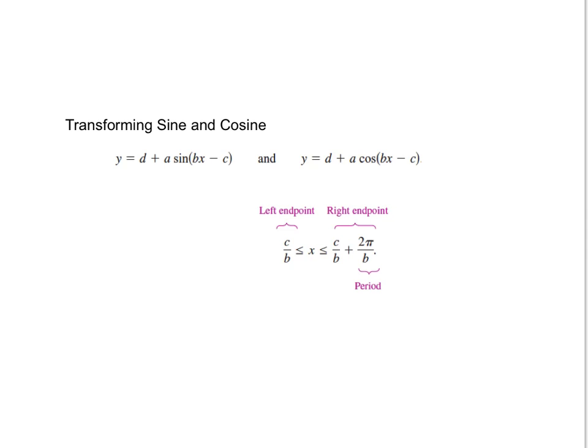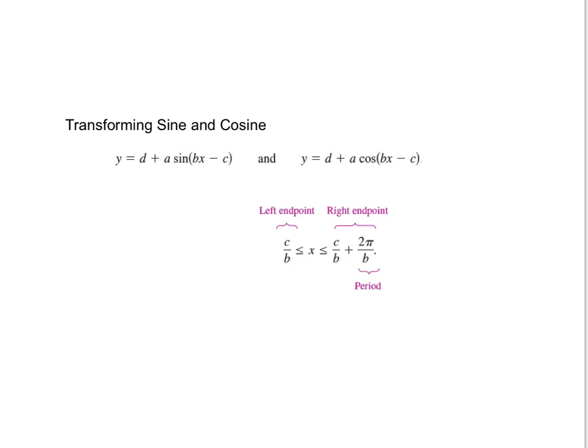Yes? What's that? What, this? Mhm. Well, this right here, if you wanted the first period, what normally would go from 0 to 2 pi will end up in this range.